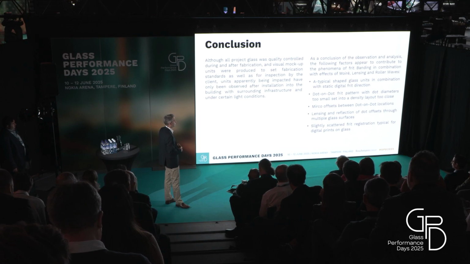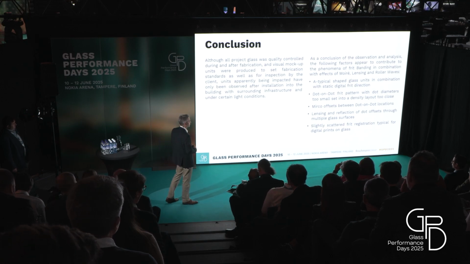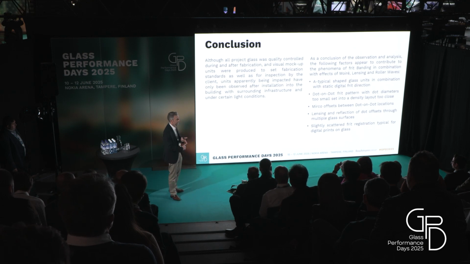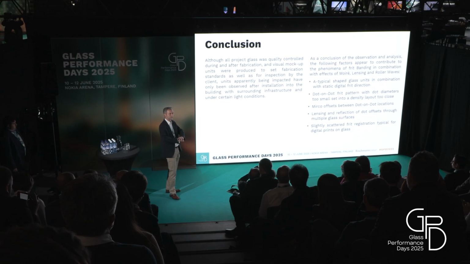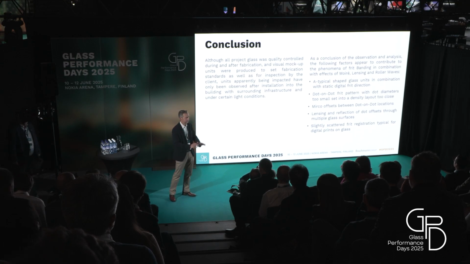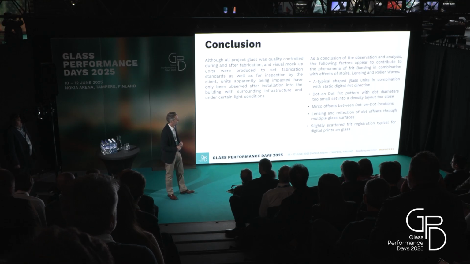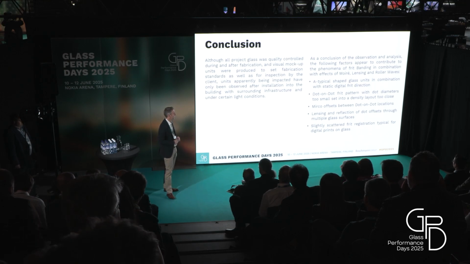Different shaped atypical glass units in combination with static digital print directions. Dot on dot is something which is critical, not as critical if you have a larger pattern, but it becomes more and more critical if you have a denser pattern with small dimensional lines and dots.